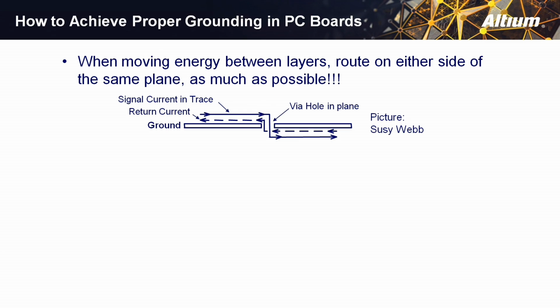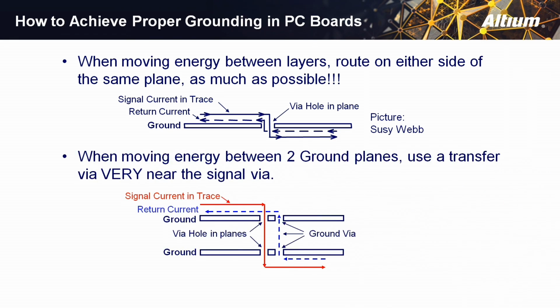If we allow the fields to expand as we change layers, other vias that are in this area will simply have that energy coupled into their signals. And those signals will then couple into this signal and so on. So when you can route between either side of a ground plane, or in this case, it could be a power plane, it works out just fine.